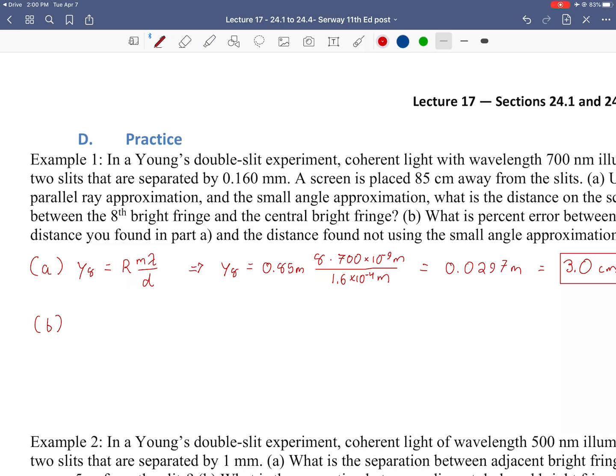So what do we get if we don't use the small angle approximation? We're not going to use that whole business with sine theta equals tangent theta, and then tangent theta just equals y over r. Then that means we'd have to actually find theta.